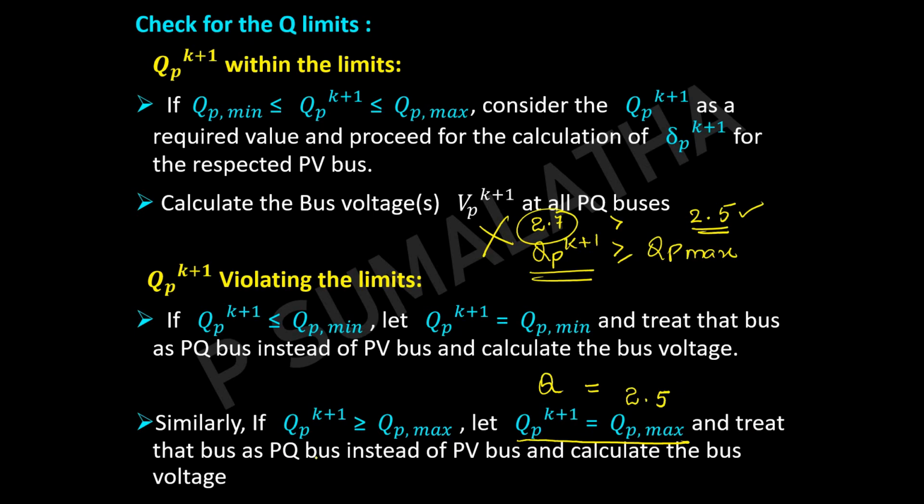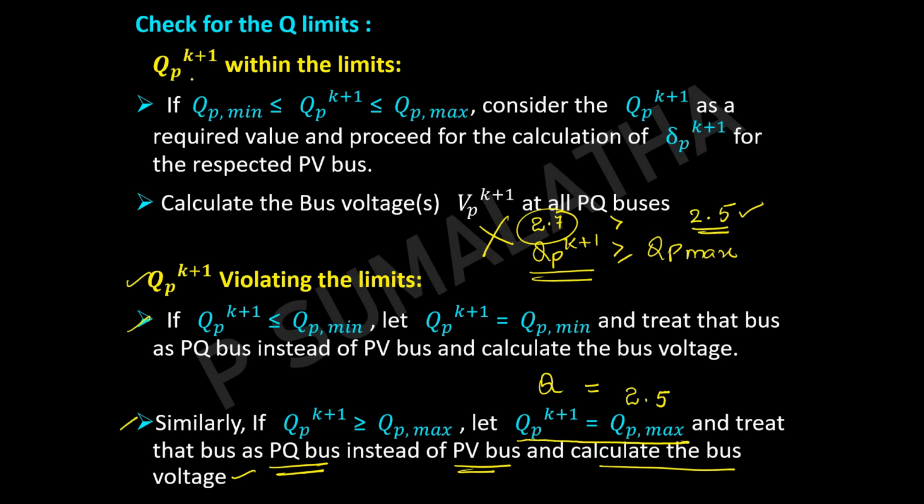So now we have to retreat that bus as a PQ bus instead of a PV bus and calculate the bus voltage. Now we are not going to calculate the del value. For these two conditions, you will calculate the bus voltage at that particular bus, because we are retreating that bus as a PQ bus instead of the PV bus.